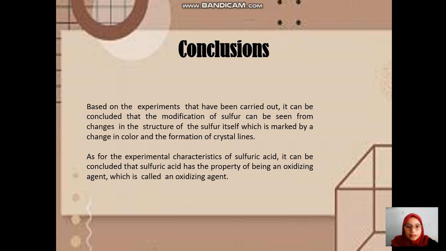And the conclusion of this practicum is, based on the experiment that has been carried out, it can be concluded that the modification of sulfur can be seen from a change in the structure of the sulfur itself, which is marked by a change in color and the formation of crystals.